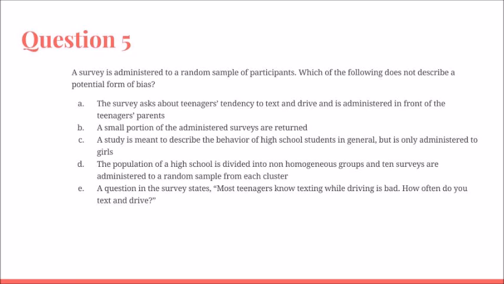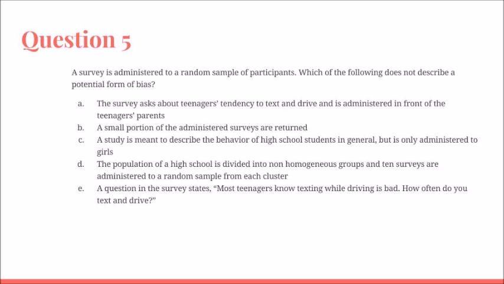D. The population of a high school is divided into non-homogeneous groups, which means it contains various characteristics, and 10 surveys are administered to a random sample from each cluster, which means each group. E. A question in the survey states, most teenagers know texting while driving is bad. How often do you text and drive? Take about 30 seconds to answer. You can pause the video if you want.